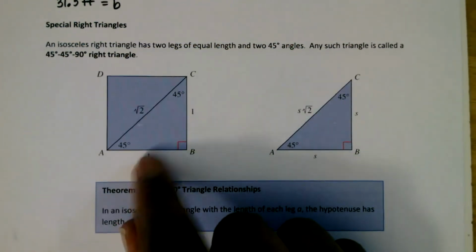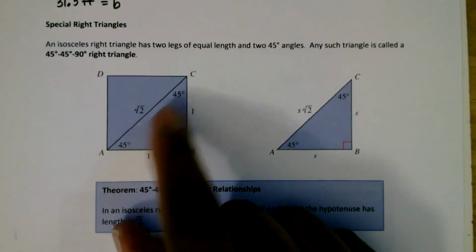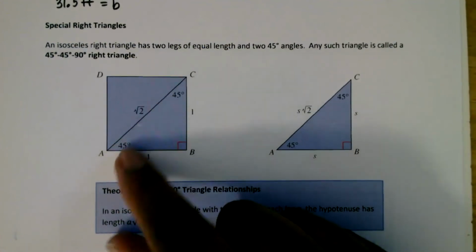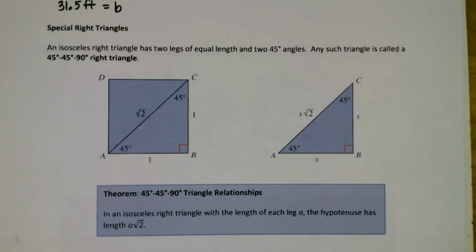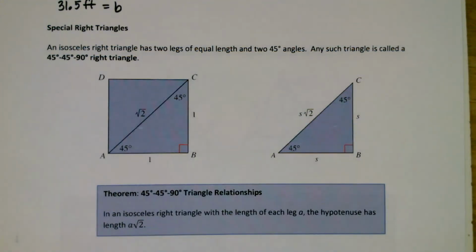Okay, so as you can see here, the lengths of the legs are 1, and the angles here are both 45 degrees, which makes the hypotenuse the square root of 2. Again, you can use the Pythagorean theorem of c squared is equal to a squared plus b squared, and you will see that the length of that hypotenuse will be the square root of 2.